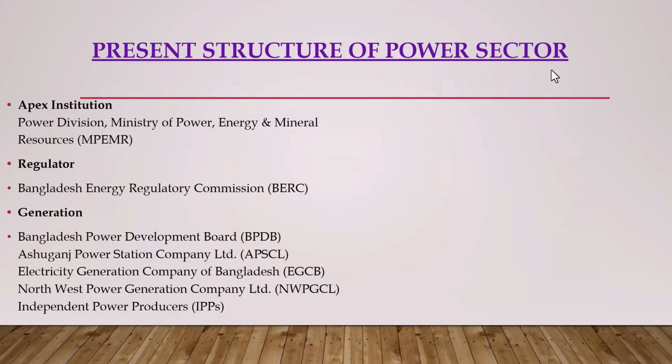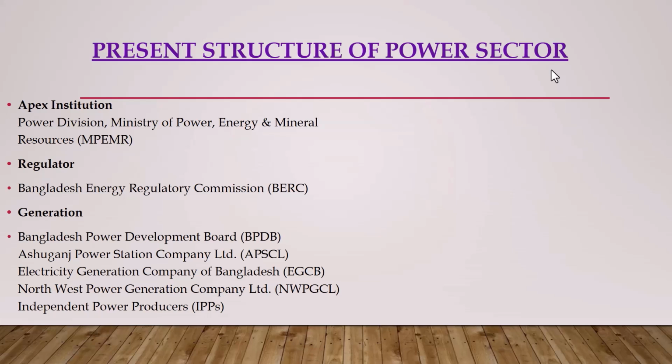When we talk about the present structure of the power sector in Bangladesh, it's important to understand that it is organized in a layered and functional way where different entities play very specific roles, starting from policy making at the top all the way down to electricity generation, regulation, and delivery.